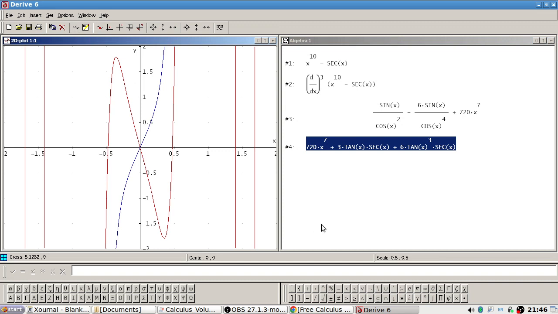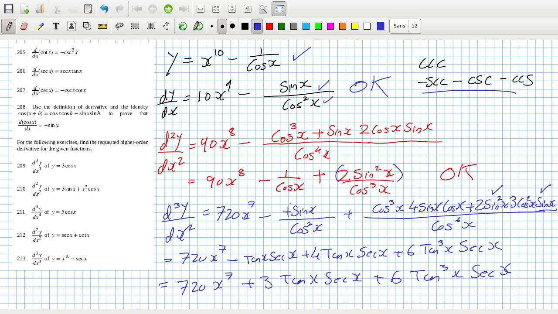No, of course not. Way off. We know that this is okay. So that looks okay. That looks okay too. So something has gone wrong here.